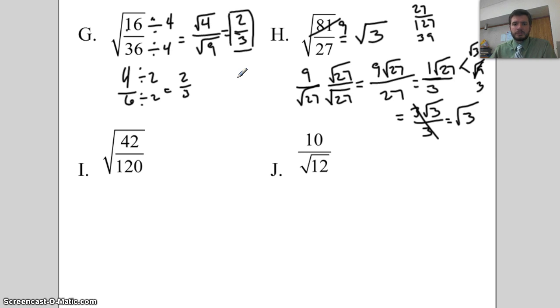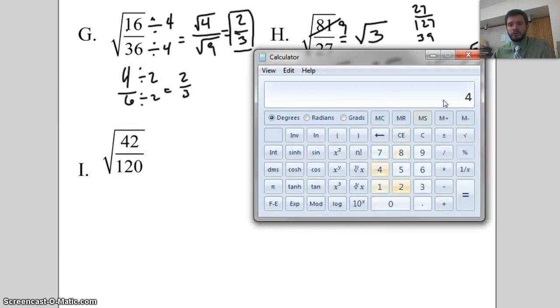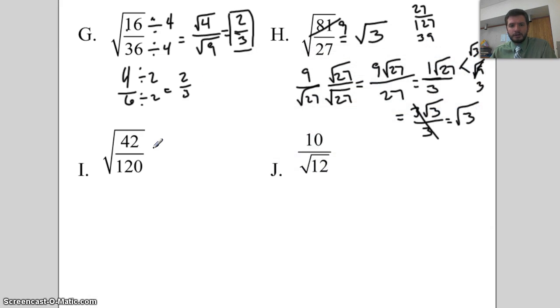Okay, let's keep going. In this case, I've got 42 over 120. I notice that both of these are divisible by at least 4. Let's check. Actually, 6. So divide by 6 and divide by 6 here.